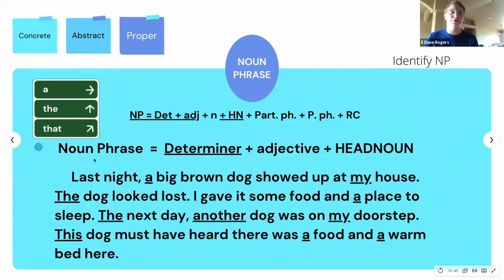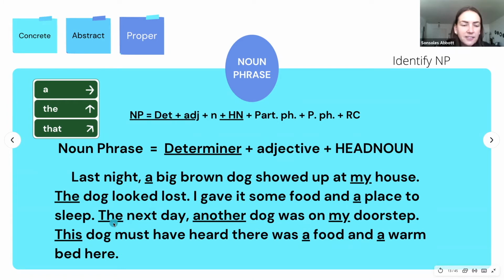First, let me ask you, for each of these determiners, if you can indicate its head noun. So let's start with a. Remember, a is like a big street sign that says, here comes a noun. Which noun is the partner with this determiner? Dog. Dog, good. How about my? House. The? Dog. Place. Good.